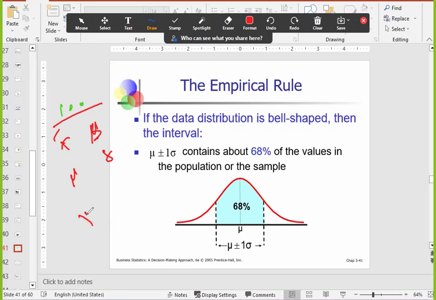If you calculate x minus S and x plus S, it will give you a lower limit and an upper limit, a range.